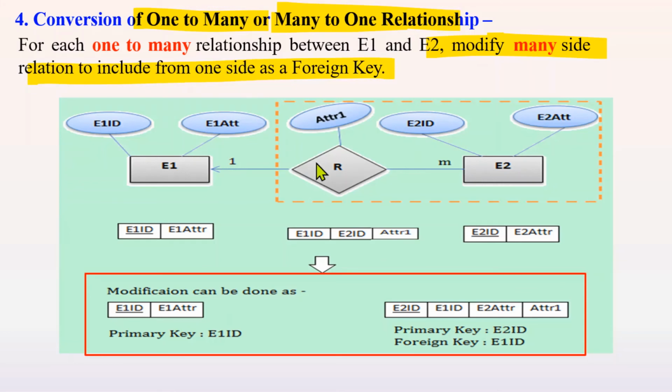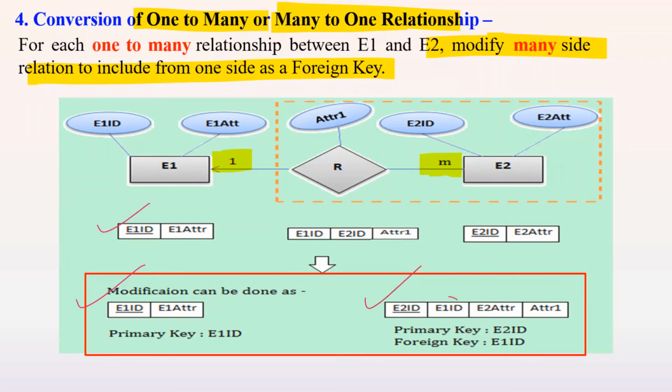So here we are having one on this side and many on this side. The simple conversion gives two resulting tables, with the E1 table the same, because E1 has one cardinality and E2 has many cardinality, so we go with the many side.